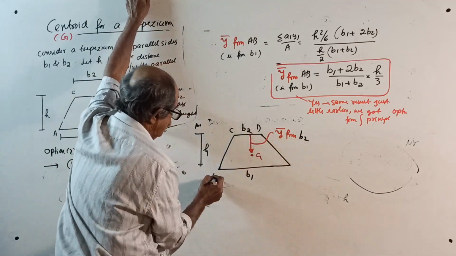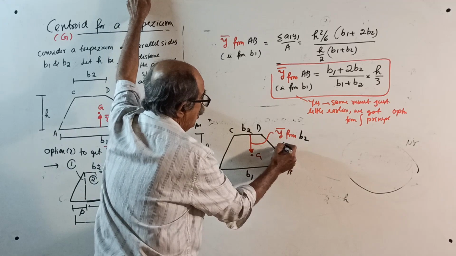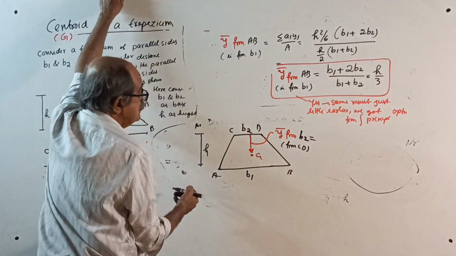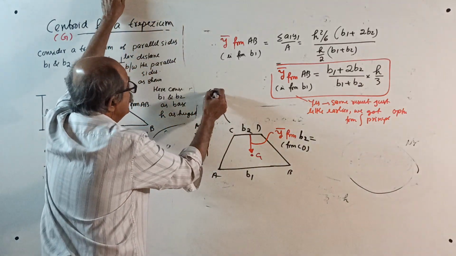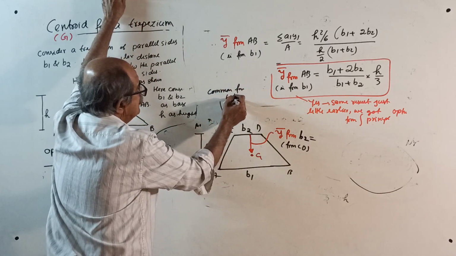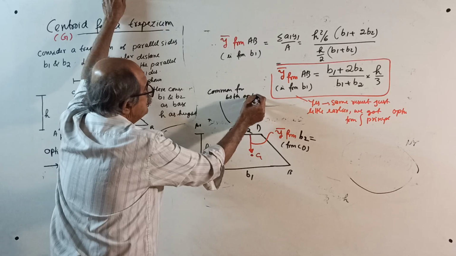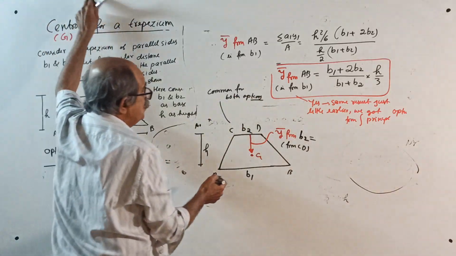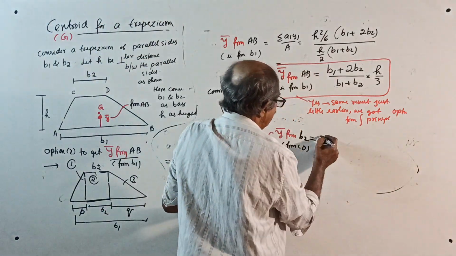This is common for both options, because in both the options we got y bar from AB equal to H minus H.